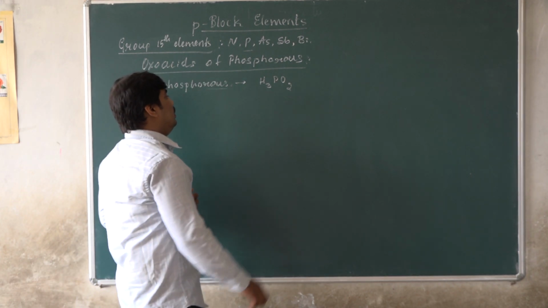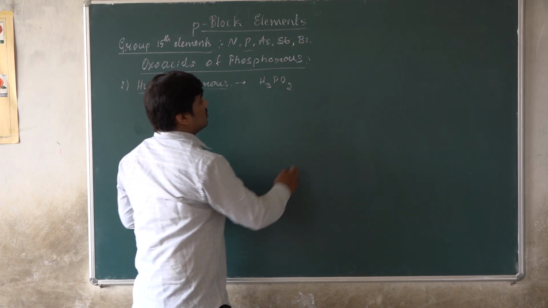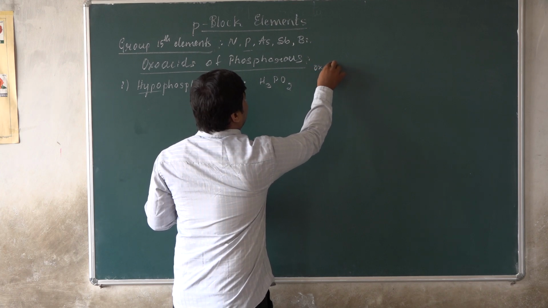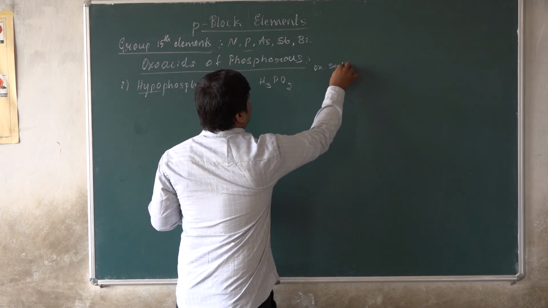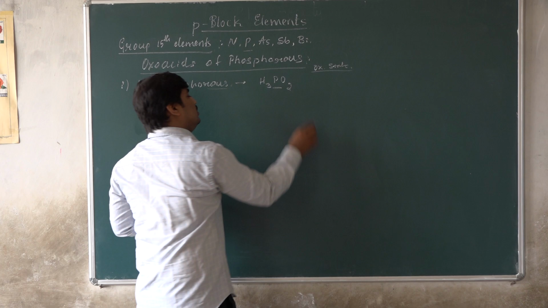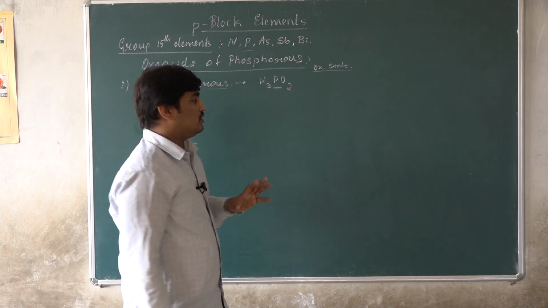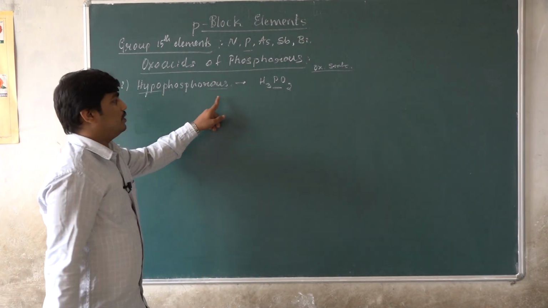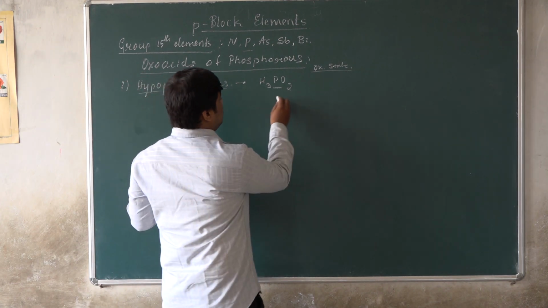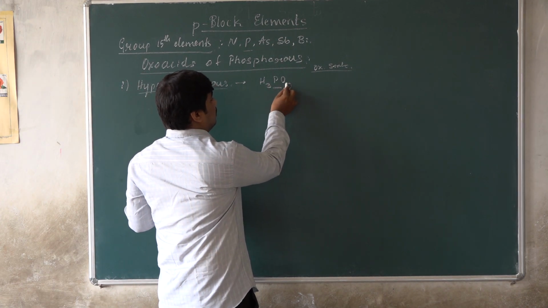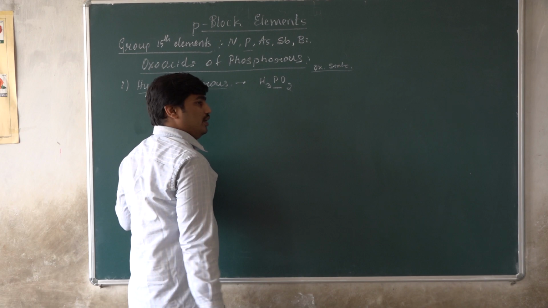Then what is the oxidation state of phosphorus in hypophosphorous acid? The oxidation state is calculated using the oxidation states of the other elements.